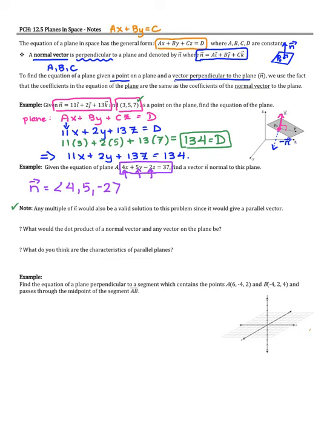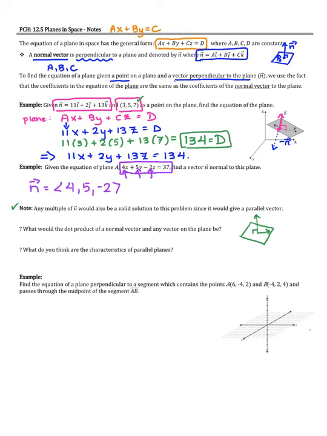So let's look at this. What would the dot product of a normal vector and any vector on the plane be? So that's saying that if I had a plane, here's my normal vector, so that's perpendicular, and I have another vector on the plane, what do I know about the dot product?